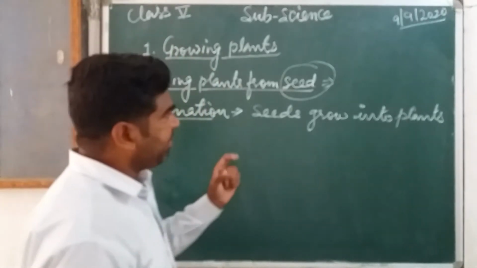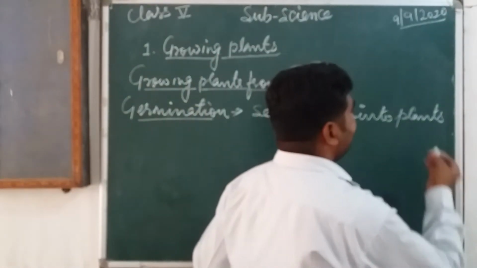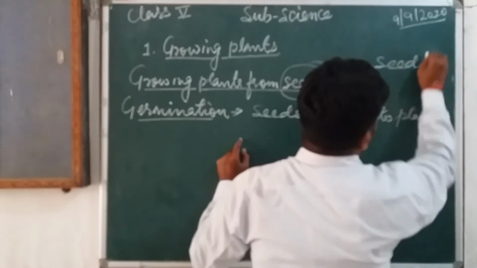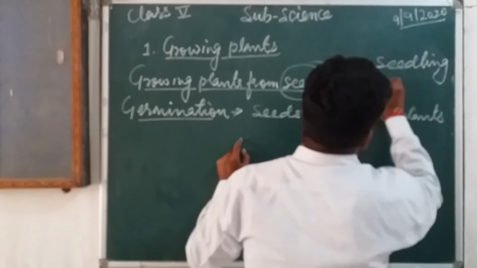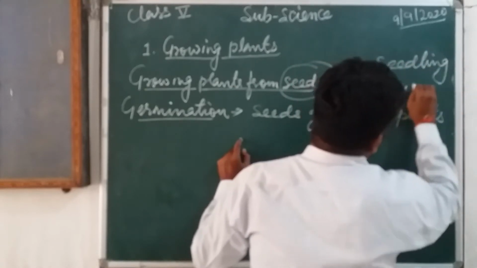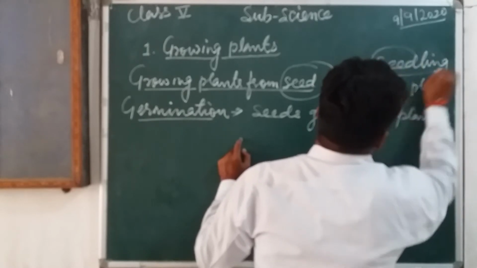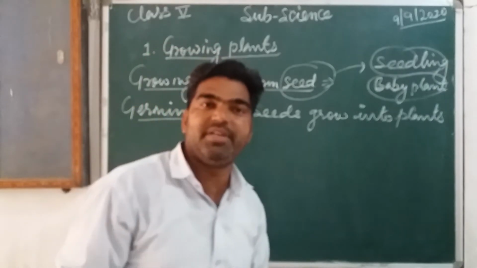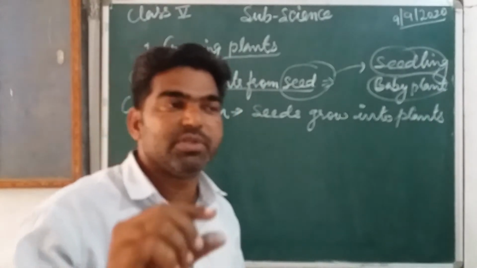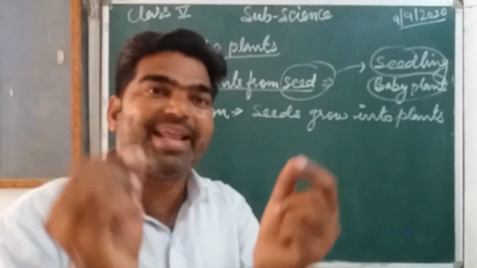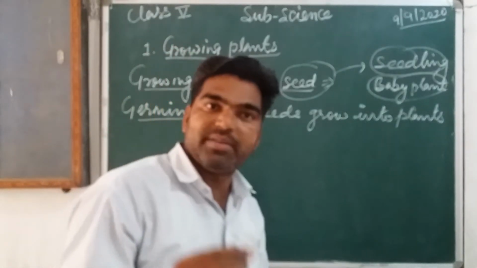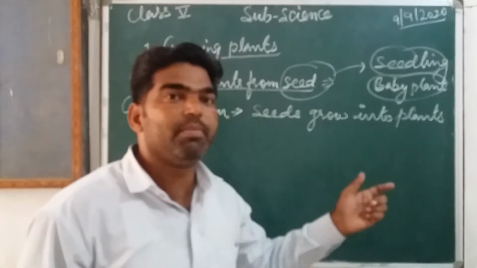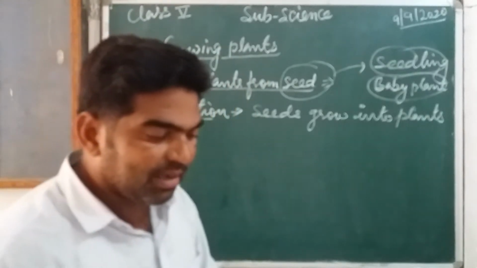This baby plant is called a seedling. A seedling means a baby plant, a small plant after germination. After germination you see small leaves arising from the seed. That small plant is called a baby plant, or you can say a seedling.